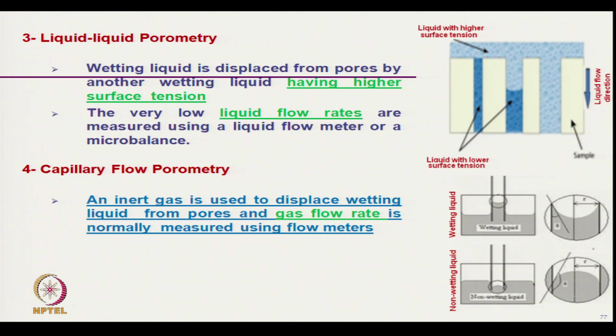Next technique is capillary flow porometry. Here, instead of the liquid with high surface tension, we allow the liquid to be displaced by an inert gas, and based on the gas flow rate we measure the pore dimension.